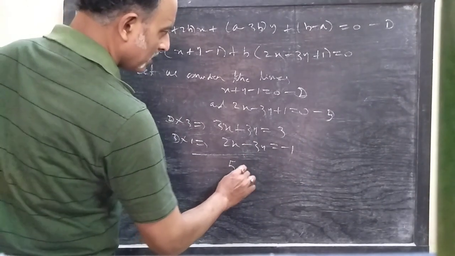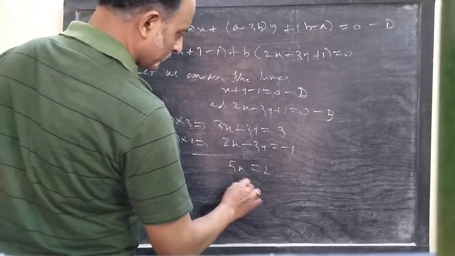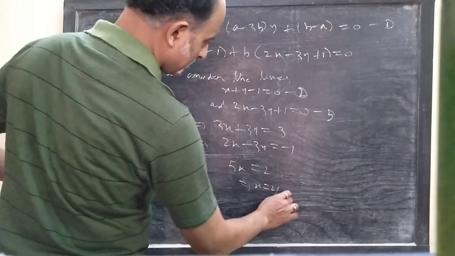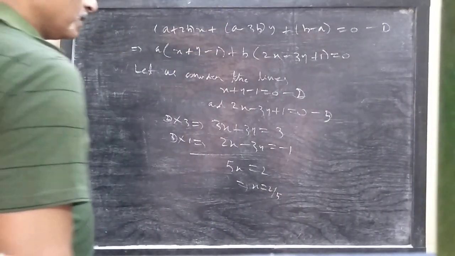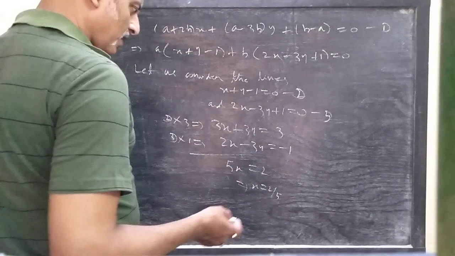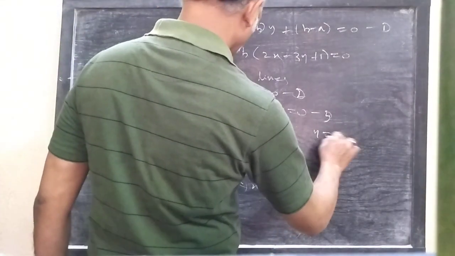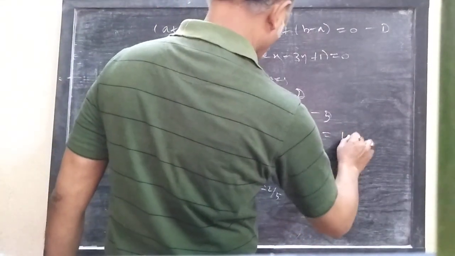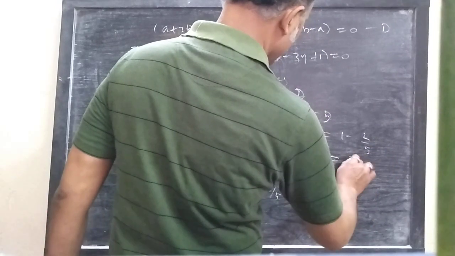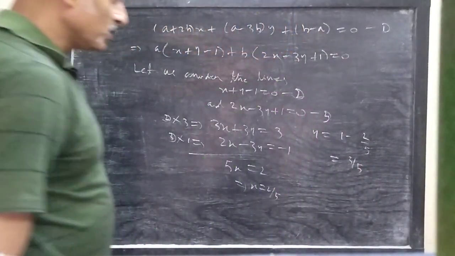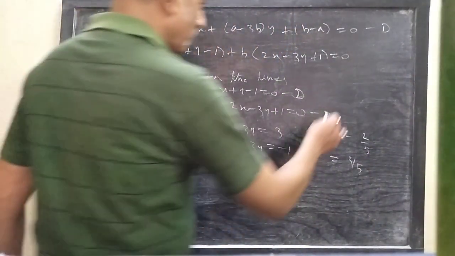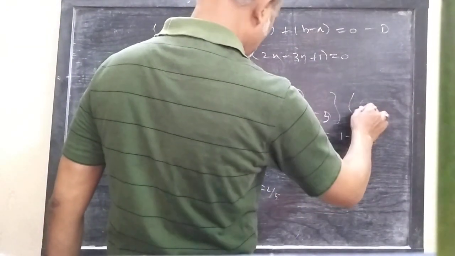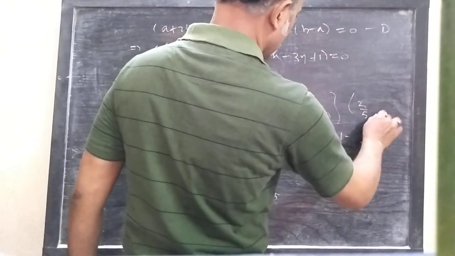You get 5x = 2, that is x = 2/5. Now just put the value of x here. You get y = 1 - 2/5, that is 3/5. So we get the point of intersection of the lines 1 and 2 as (2/5, 3/5).